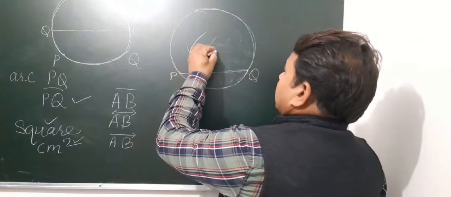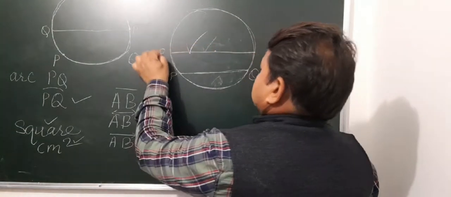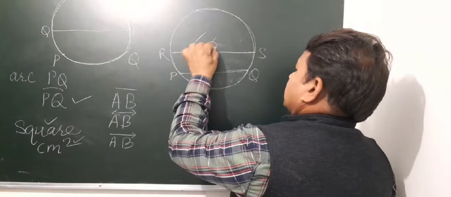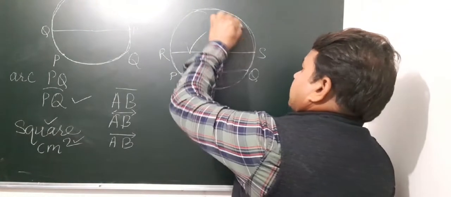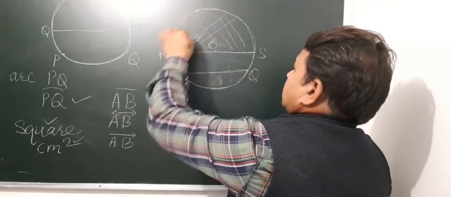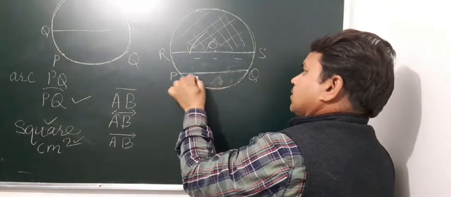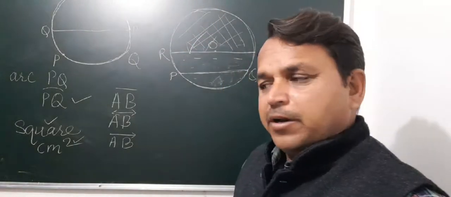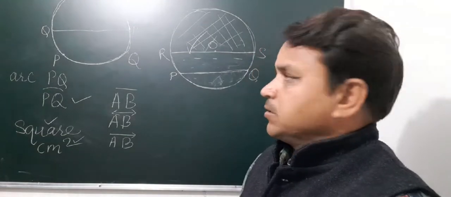This is the diameter joining points R and S and passing through O. It divides into 2 equal segments. These 2 segments are equal. So diameter is the chord which divides a circle into two equal segments.